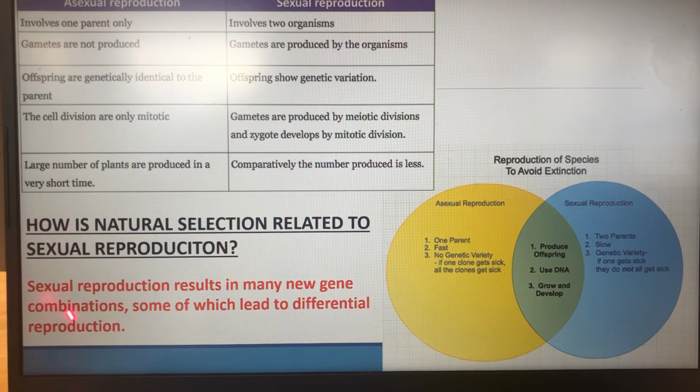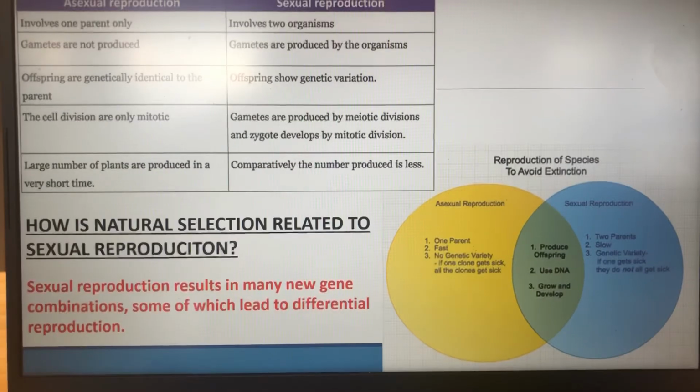How is natural selection related to sexual reproduction? This is a test question, and it's an important one. Sexual reproduction results in new gene combinations forming. And when we get new gene combinations or genes that are a little bit different, that results in differential reproduction.